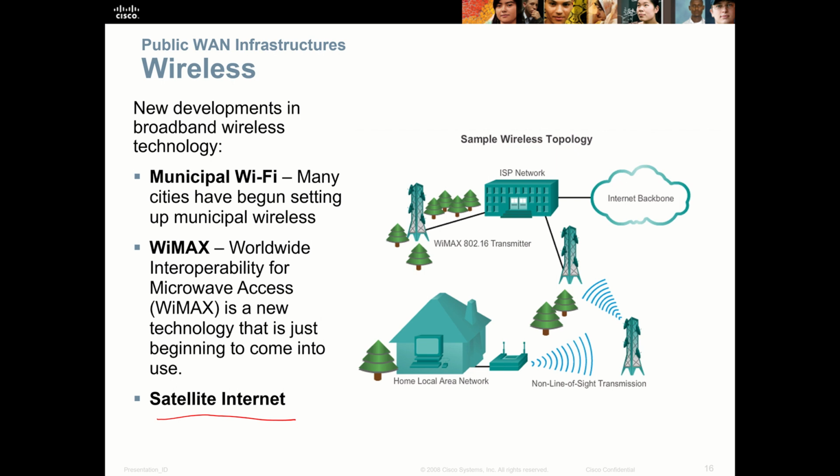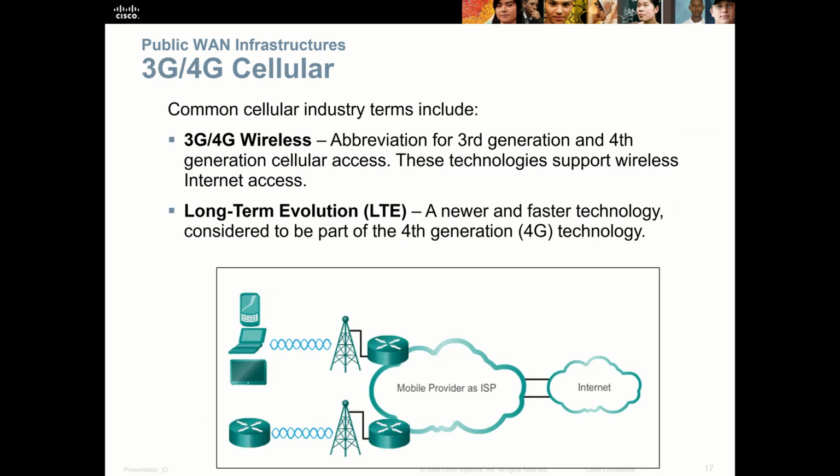So it was used, but of course it's a bit expensive compared to the existing infrastructure. And then we have 3G and 4G cellular. Now we have 5G, and 4G is Long-Term Evolution, LTE. But now most of us are using 5G, depending on the capabilities of your phone.